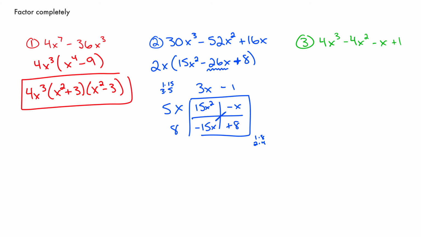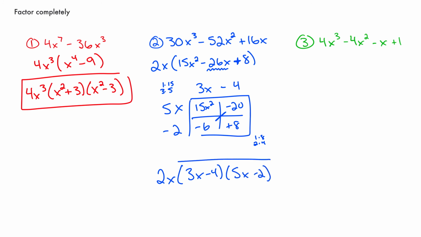It's 2 and 4. Well, no, that's only 22. You had 3x and then negative 4 and then negative 2 under the 5x. Because that would give me negative 20 and negative 6, which is negative 26. There we go. Thank you for the help. That'll be 2x times 3x minus 4 times 5x minus 2. And now it's factored. My key was wrong.